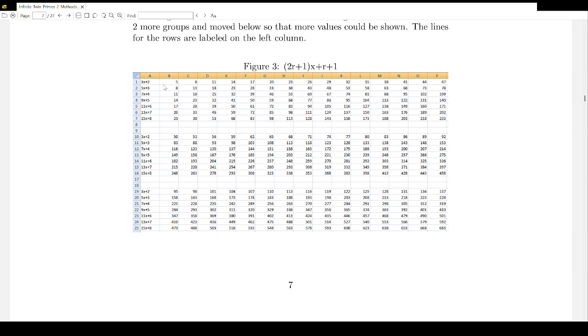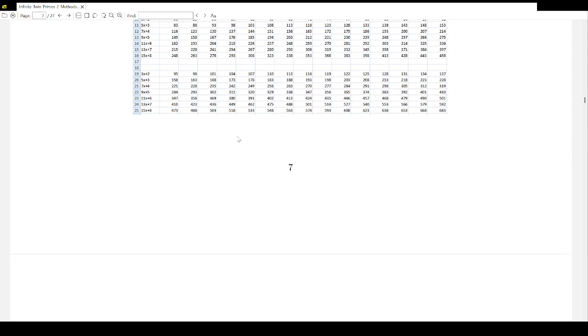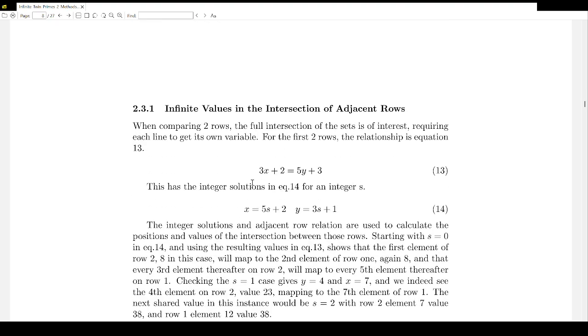So if it's in this line and in this line, like 8 is the first one that shows up, the next one is 14, 17, 20, 23 is the next one, and so forth and so on. 38 is the next one. Those values are in both of these rows, so they're not in the first 2 rows of either of those surfaces. So that's what you're seeing here.